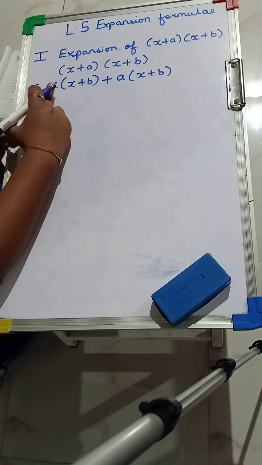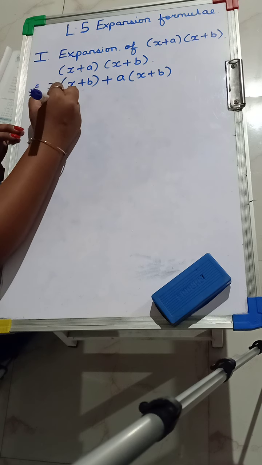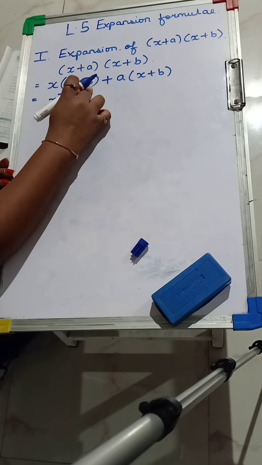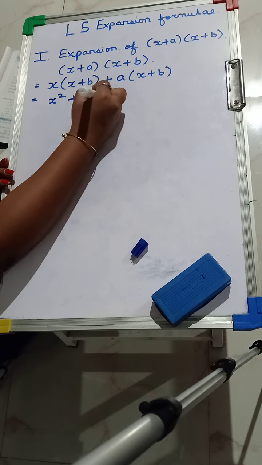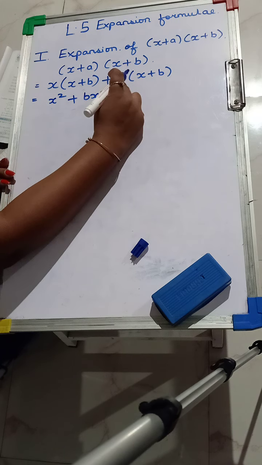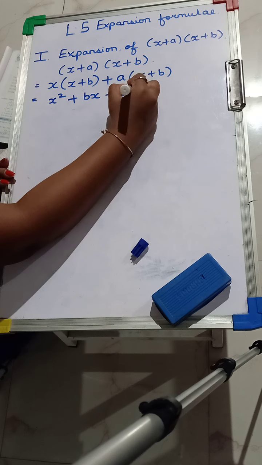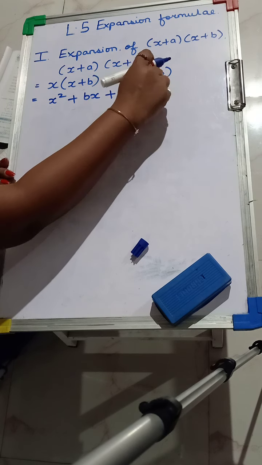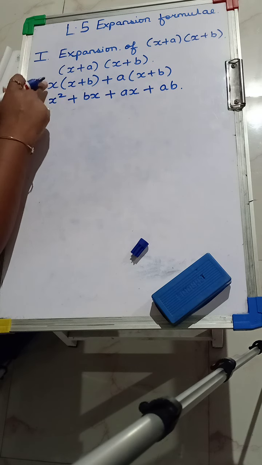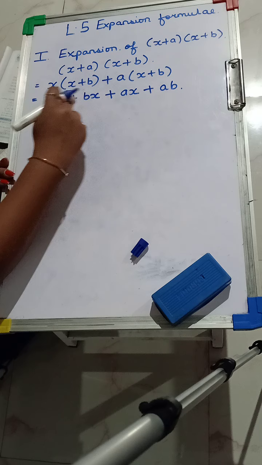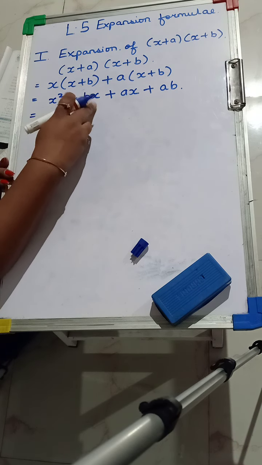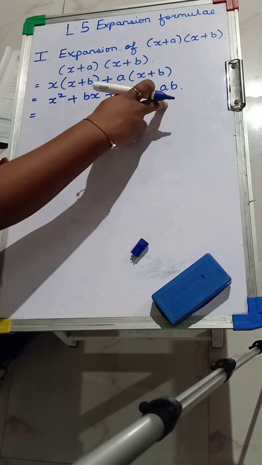So we are going to multiply this. x multiplied by x will give us x square, plus x multiplied by b will give us bx, that is, we take first b and then x, plus a multiplied by x will give us ax, plus a multiplied by b will give us ab. We are just substituting it by multiplying it: multiply x with the bracket, multiply a with the bracket. So x square plus bx plus ax plus ab.